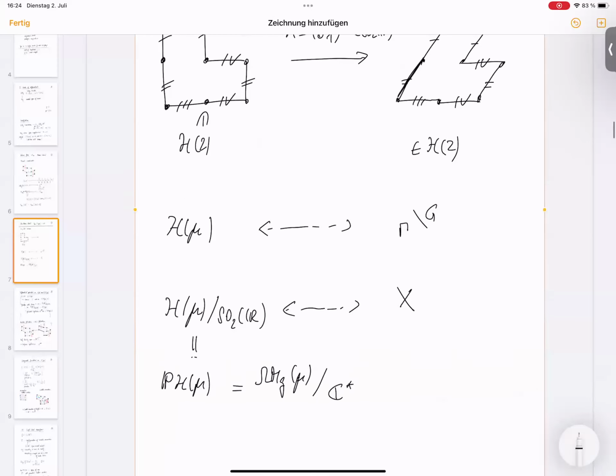So the rough upshot is that you should think of a stratum like H of mu as the analog of the locally symmetric group quotient G mod gamma. And if I quotient by the rotation action of SO2R, which just takes the polygon and rotates it, then I get what is called a projectivized stratum, PH of mu.